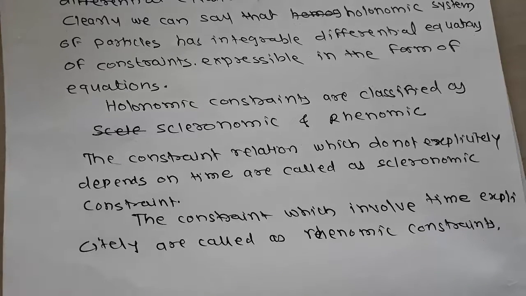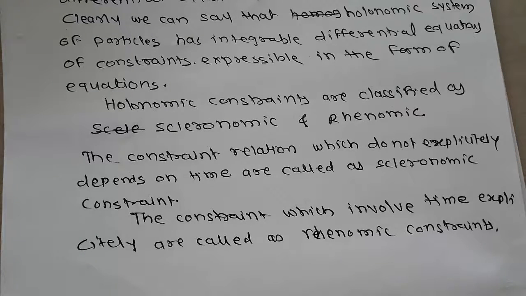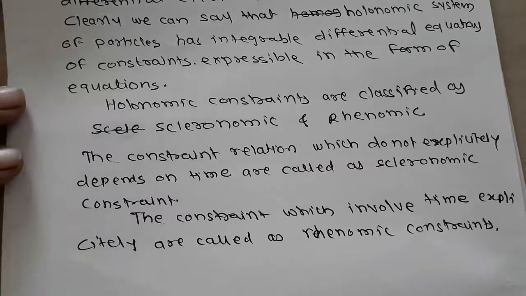That means the constraint which involves time explicitly is called rheonomic, and the constraint which does not involve time explicitly is called scleronomic.